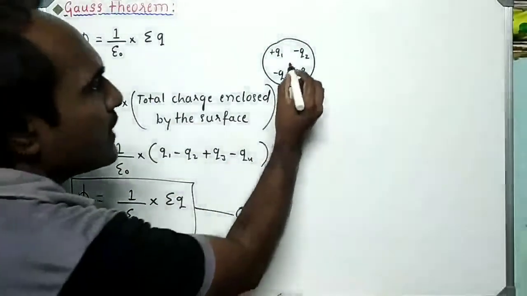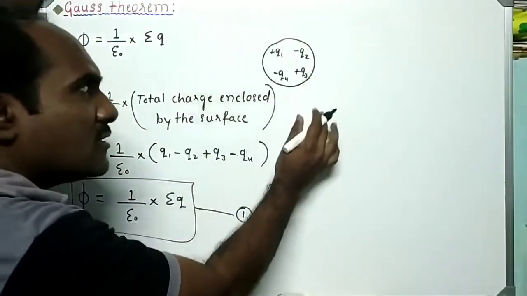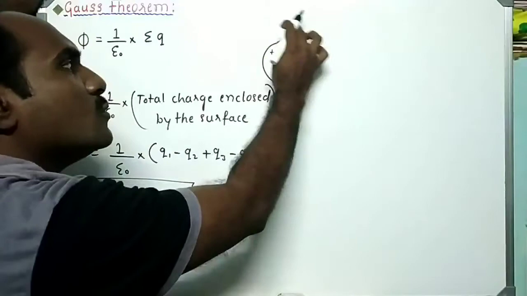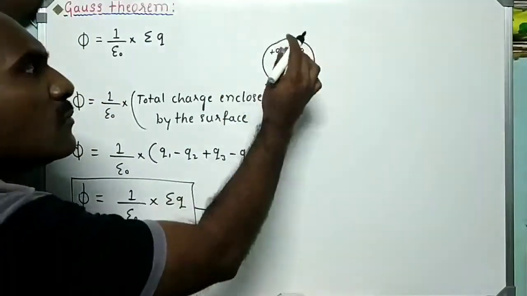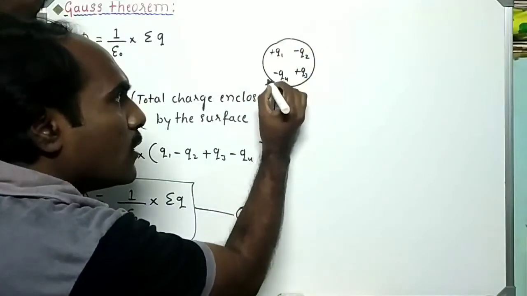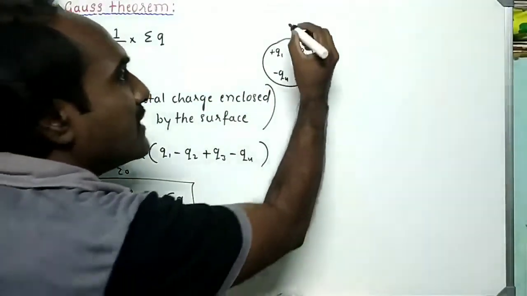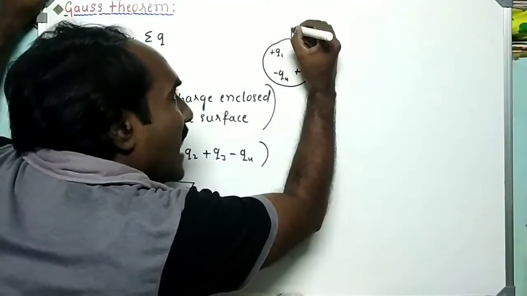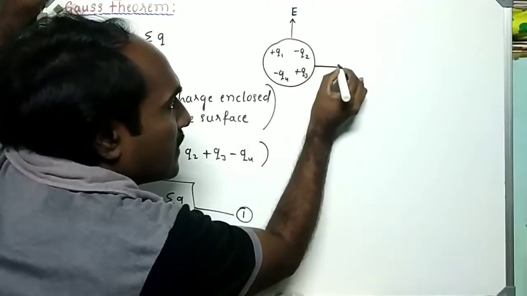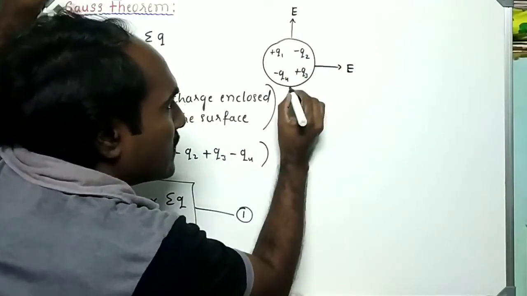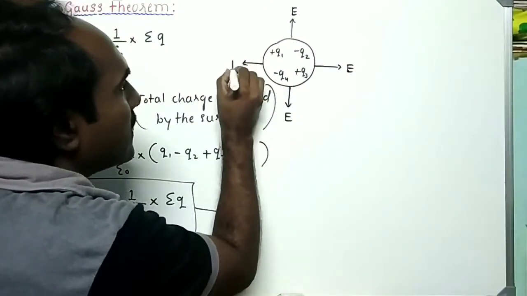Okay, see here there is a spherical conductor. If the spherical conductor is charged, then charges are going to distribute uniformly over its outer surface. Since the charges are distributing uniformly, electric field at all points on this charged spherical conductor is same, and this electric field, this intensity acts normal to the surface. That is E. This is E. Getting the idea?